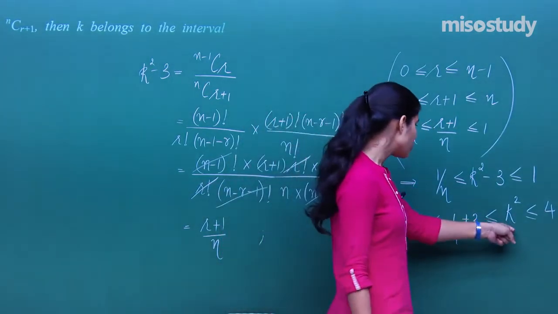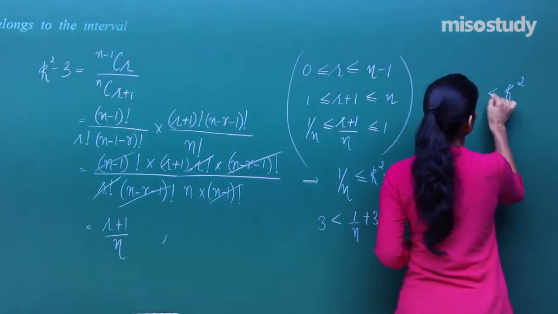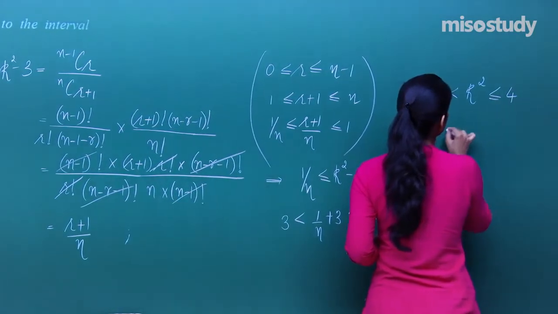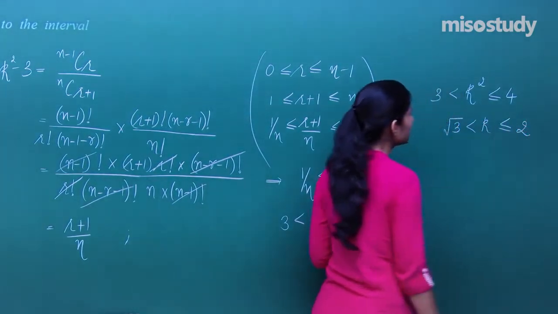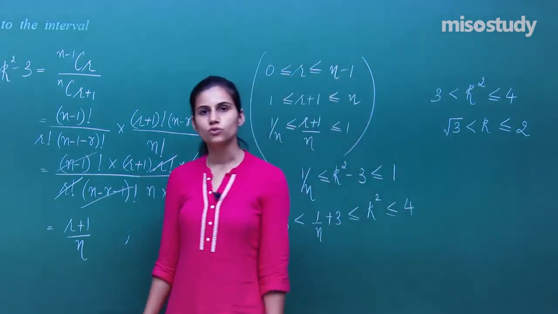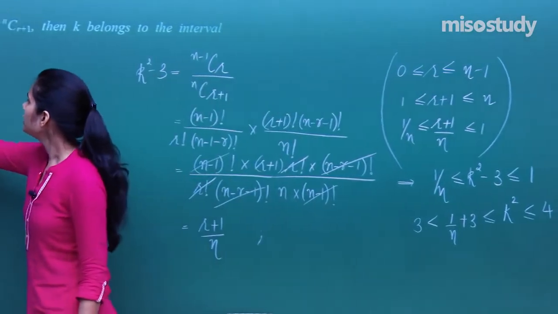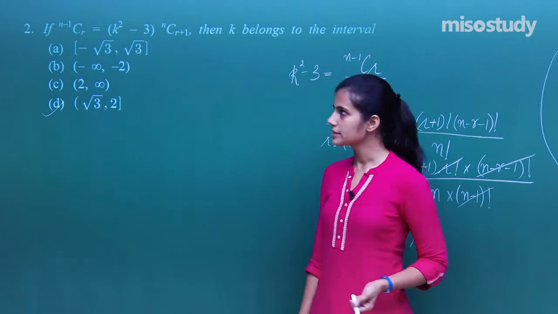So k² is strictly greater than 3 and less than or equal to 4, which means k lies between root 3 and 2. So k belongs to the interval (√3, 2], open at root 3 and closed at 2.